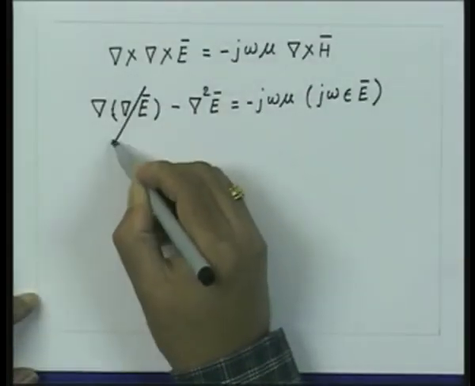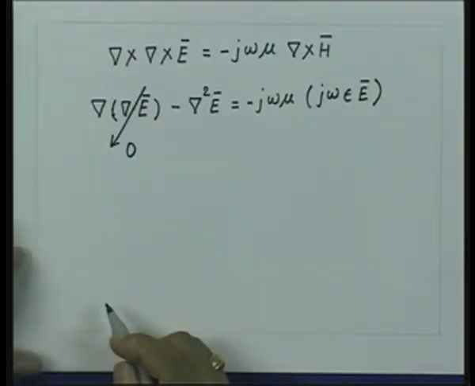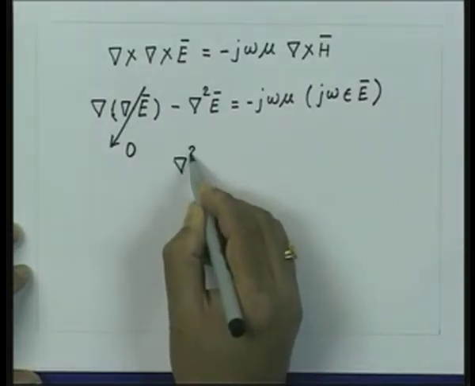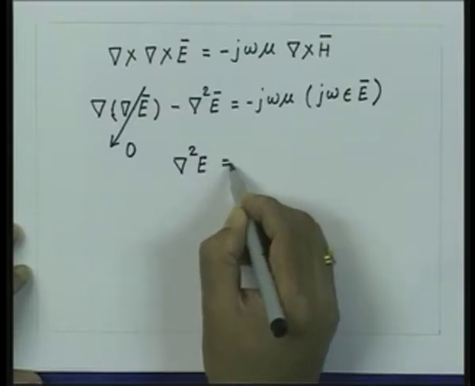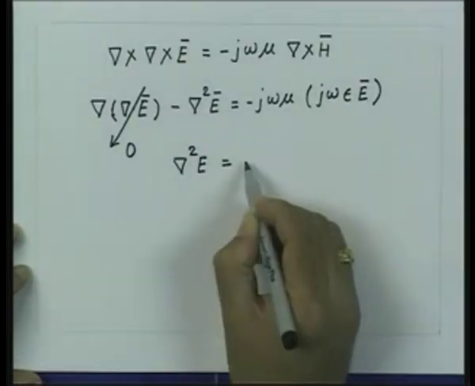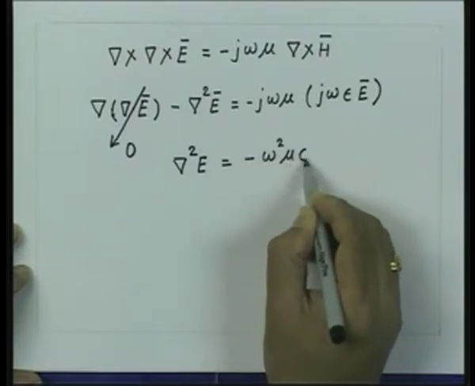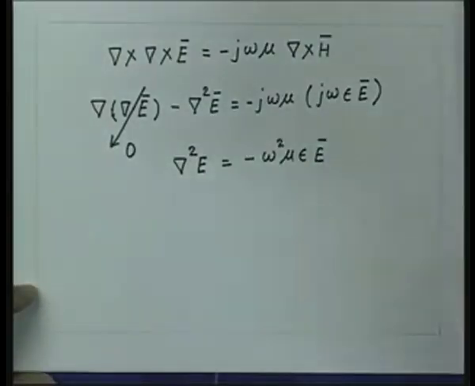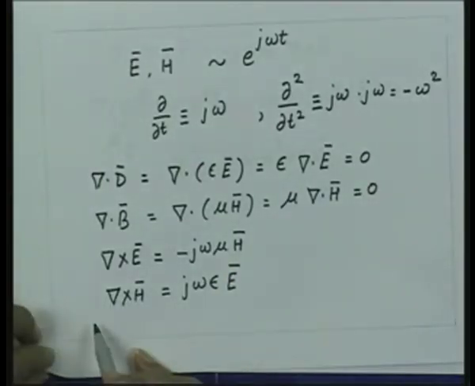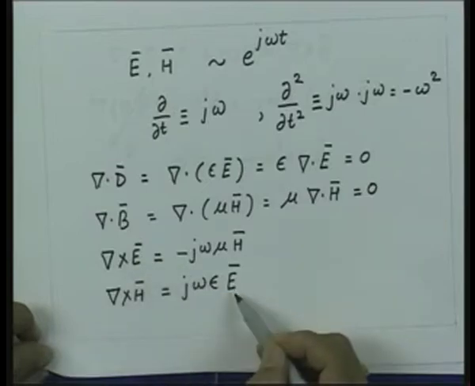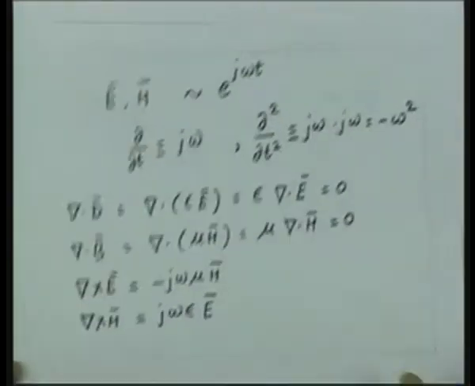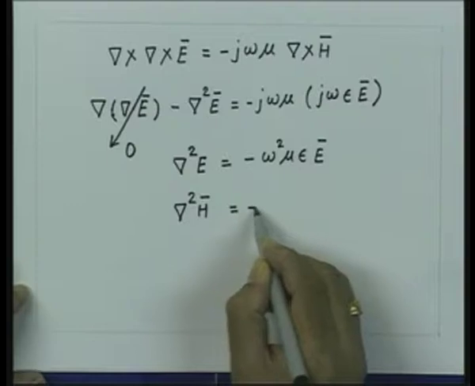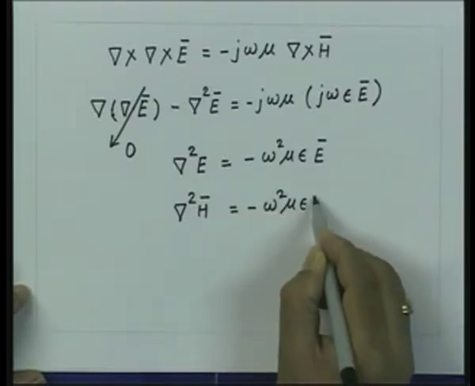So, I get the equation now finally, which is del square E, that is equal to minus omega square mu epsilon into E. If I had done identical things on the second equation, that if I had taken the curl of this and substituted for del cross E from this equation, I get again the identical equation for the magnetic field, and that is del square H is equal to minus omega square mu epsilon into H.